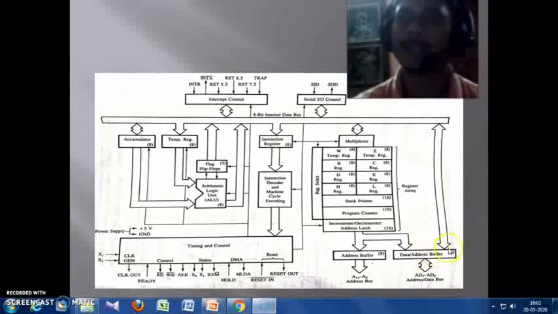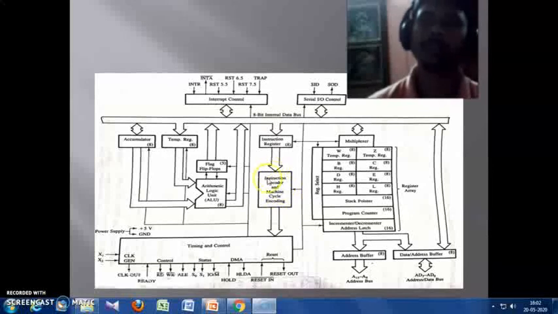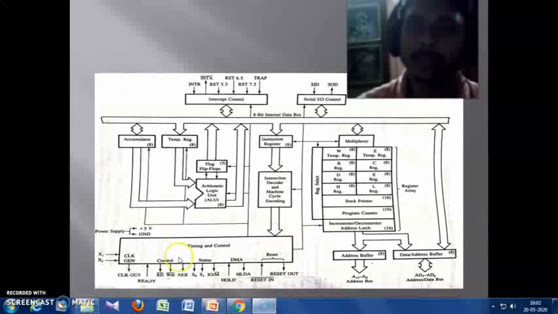The data comes here through these lines and goes to the instruction register, and finally it will come into the instruction decoder, which decodes the instruction, and the microprocessor can understand what kind of operation it has to perform. Accordingly, different control signals will be sent to the peripheral device or a memory.